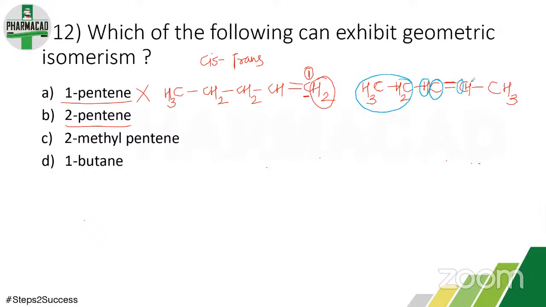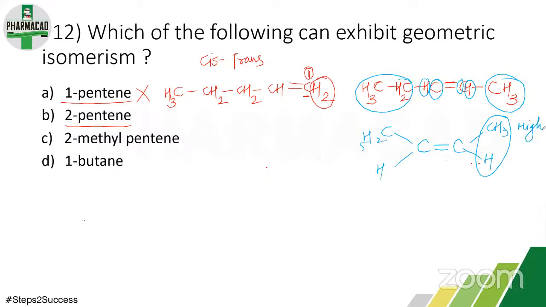This carbon atom has hydrogen and methyl. So see, carbon double bond carbon, methyl, hydrogen, ethyl, hydrogen. If we talk about these two, this one is higher priority.